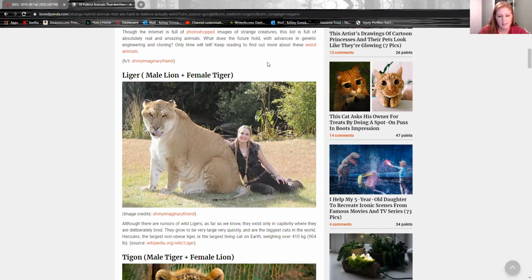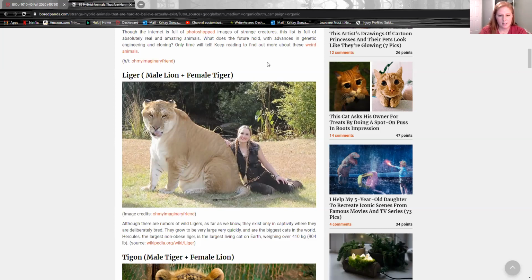So ligers are massive, over 904 pounds. I'm reading from here. Hercules is the largest non-obese liger and weighs 904 pounds. I think Hercules is still alive, but I'm actually not 100% sure.